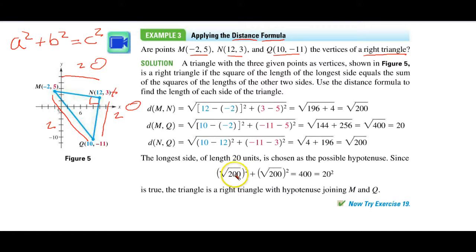So you end up with this, which is that, which is true. So this is a right triangle. Now, if you did all of this and found that it didn't meet this criteria up here, you would say it's not a right triangle.